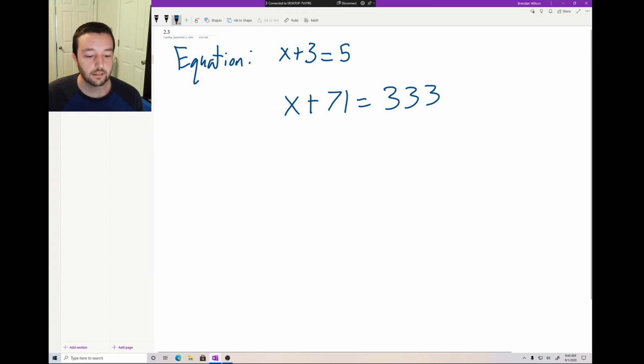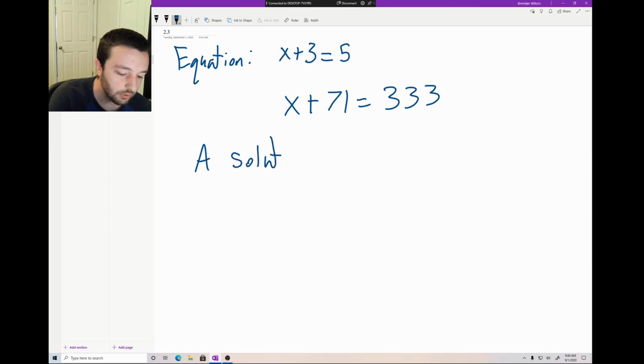Well, first of all, what is it exactly that we're looking for? We're looking for what x is. And this is called a solution to the equation.